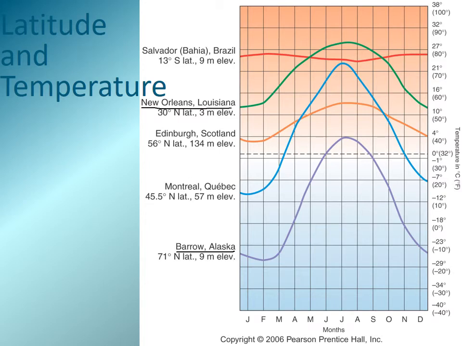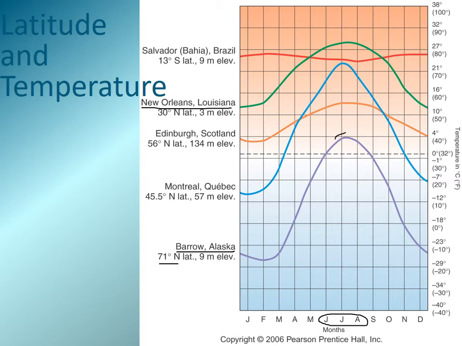Now, Barrow, Alaska is 71 degrees north, pretty close to the North Pole. New Orleans is much closer to the equator. As you can have guessed, in the summer months, which are June, July, and August, right here, you have warmer temperatures. And you have cooler temperatures in the wintertime. Barrow, Alaska, overall much cooler temperatures.